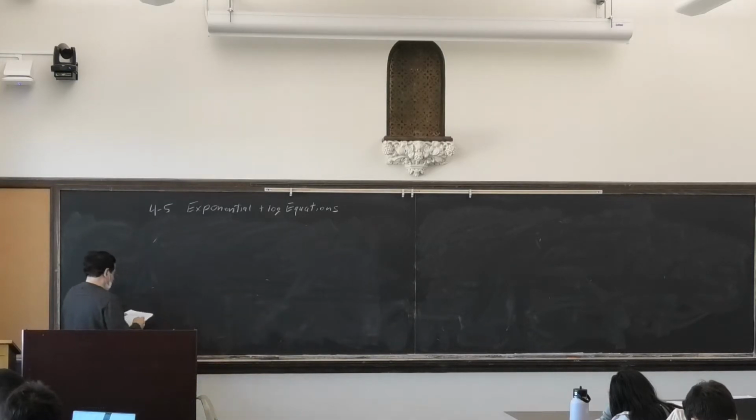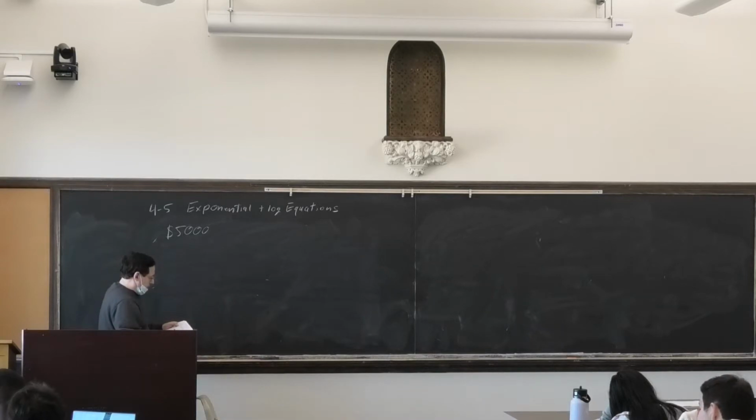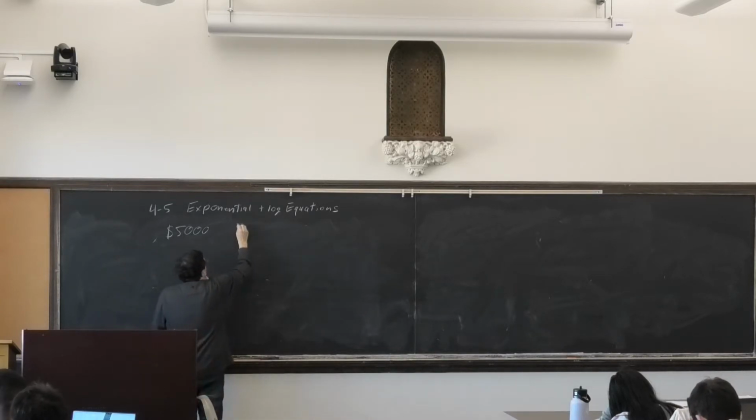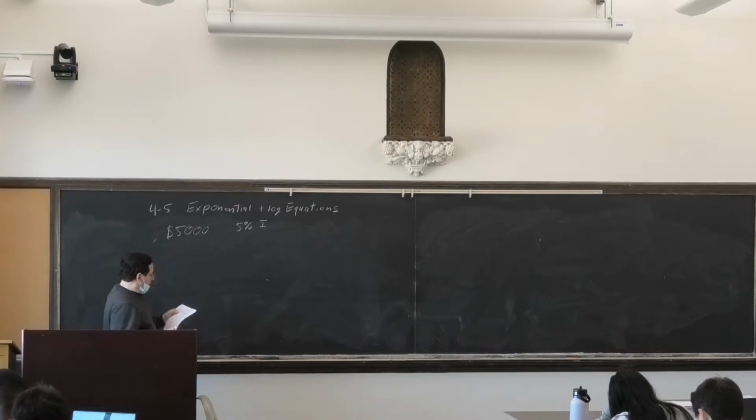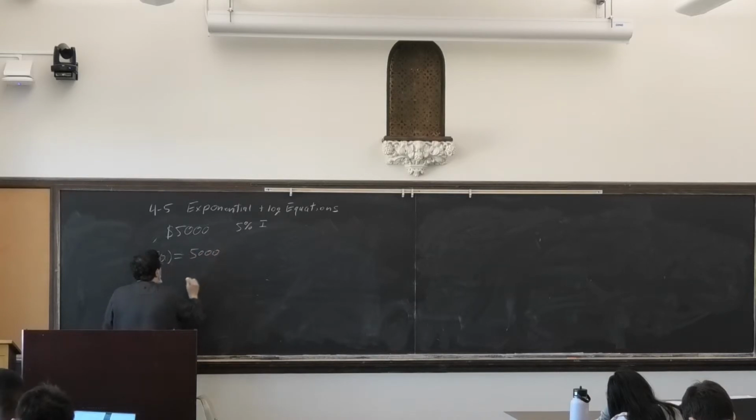The problem is, you invest $5,000 at a rate of 5% interest, and they want you to find the time required to double your money. So you could say P of 0, that's the principal, is 5,000, and then P of t, some time value, is 10,000.